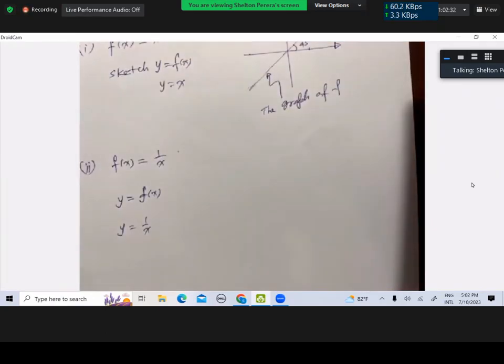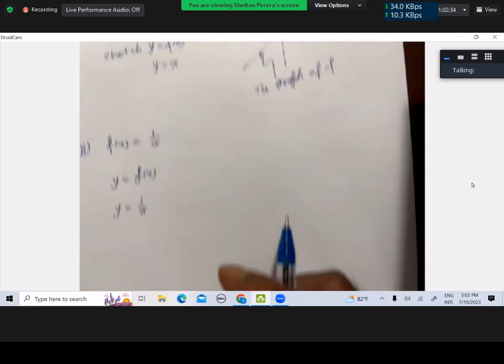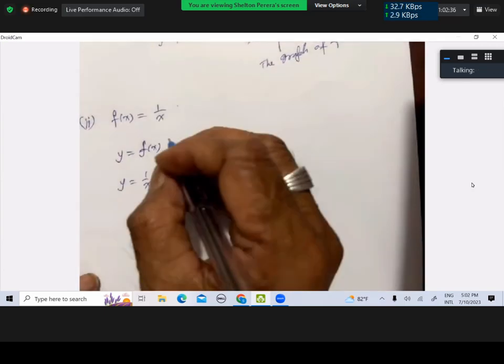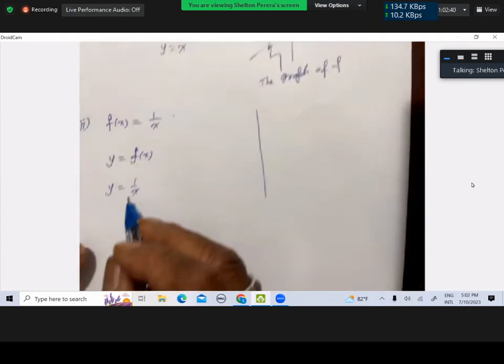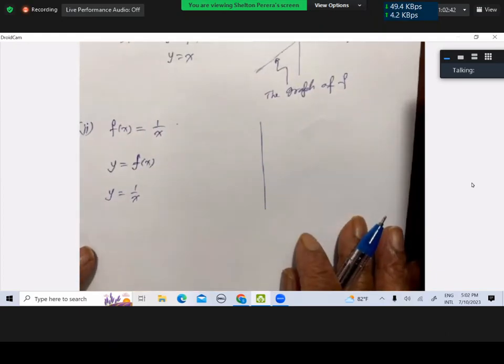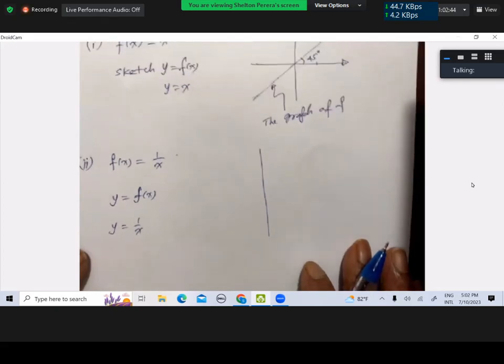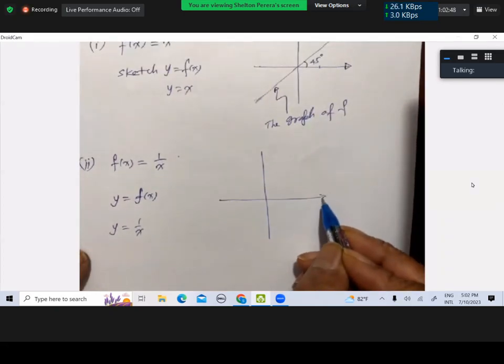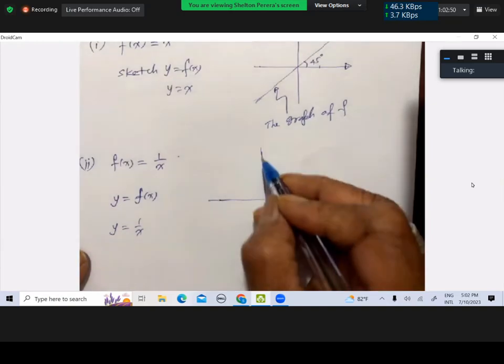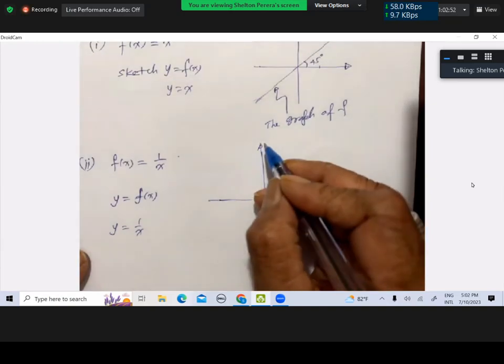So, I need to graph this equation. F of x equals 1 over x.